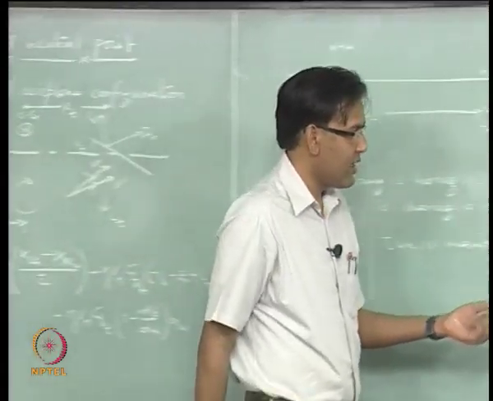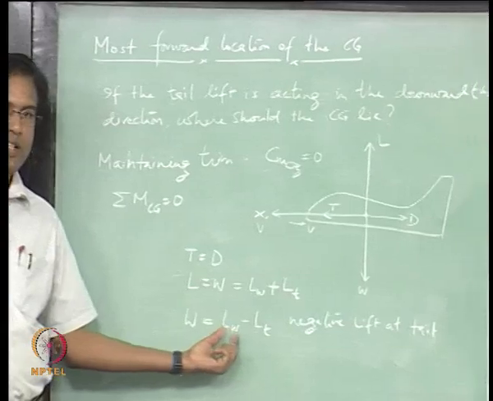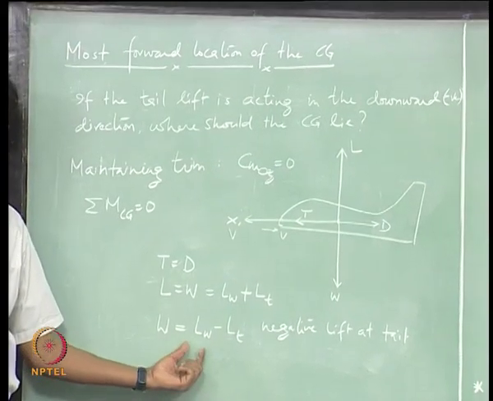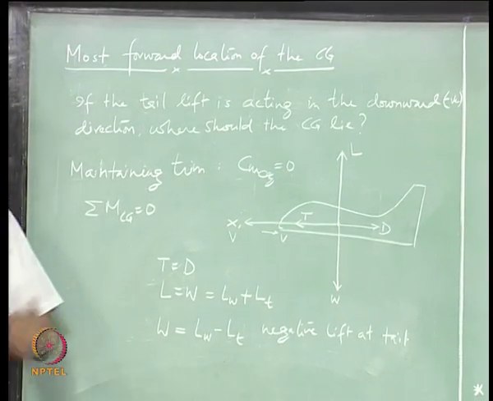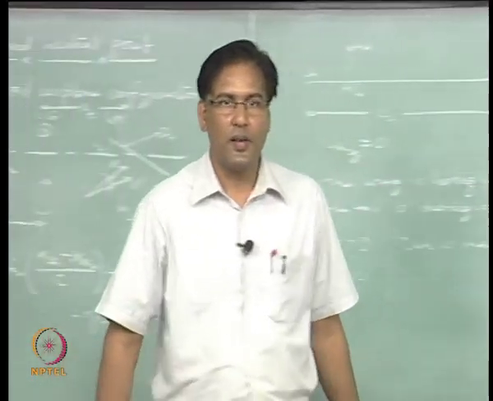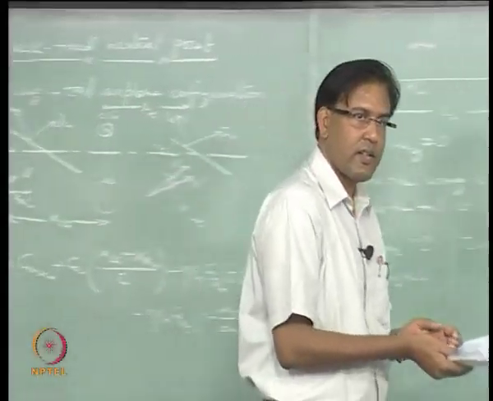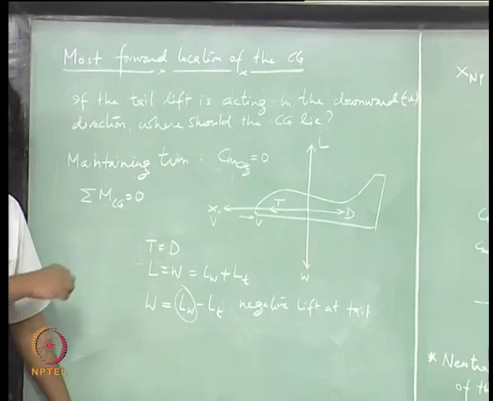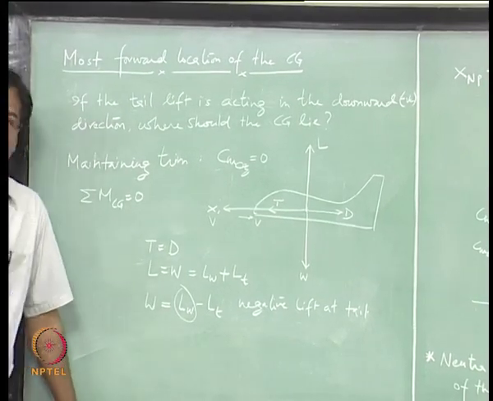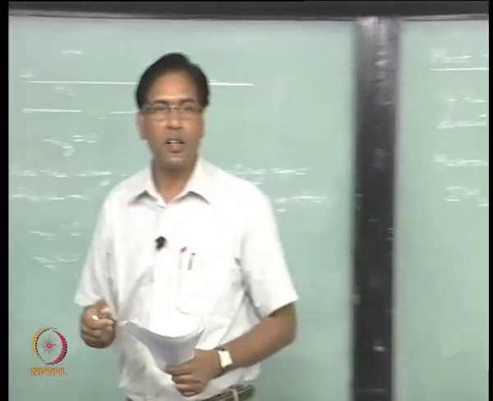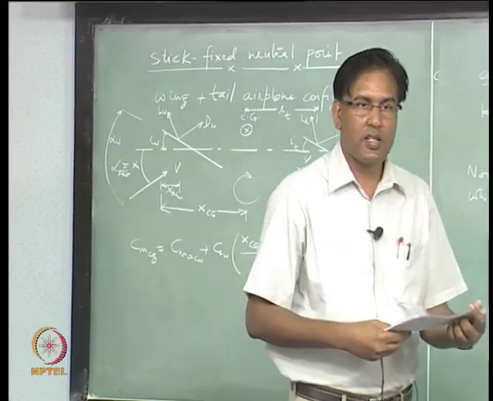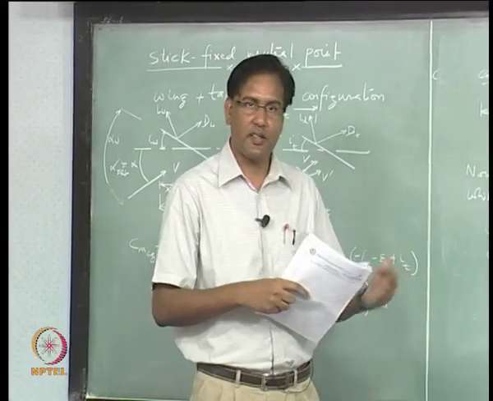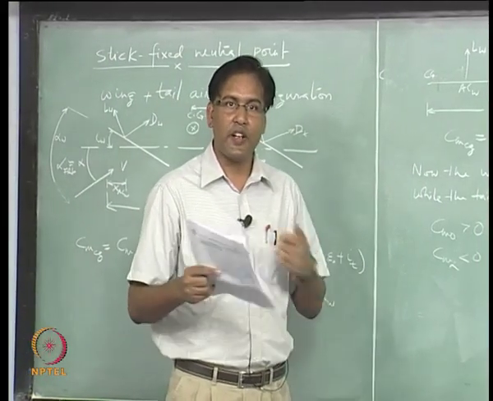Because negative lift means this wing has to compensate for it. So, the wing has to work more, as you said, right. And what is the problem that is going to come to the wing because of that?